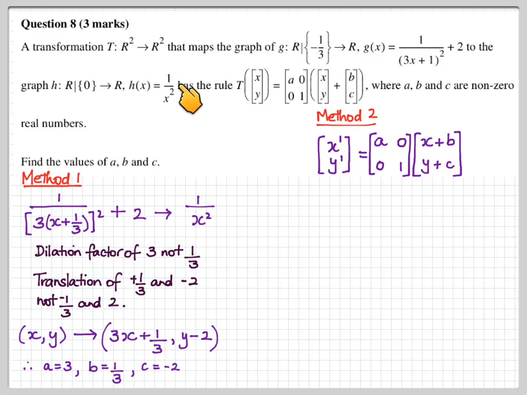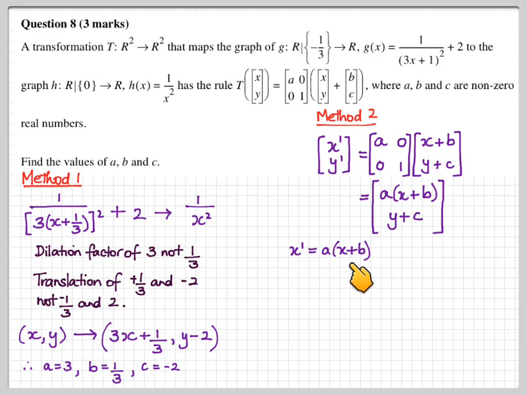So that's going to be this 1 over x from this particular expression. So I'll just multiply a by x plus b and 0 by y plus c, and I get this expression here, or this matrix. So really, transformed x equals ax plus b, and the transformed y is y plus c.